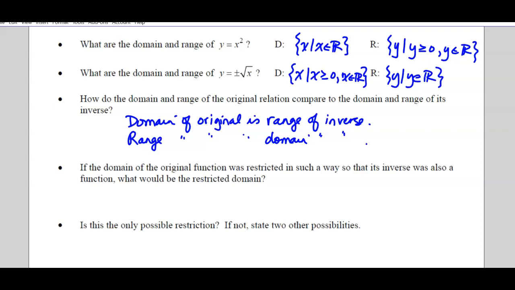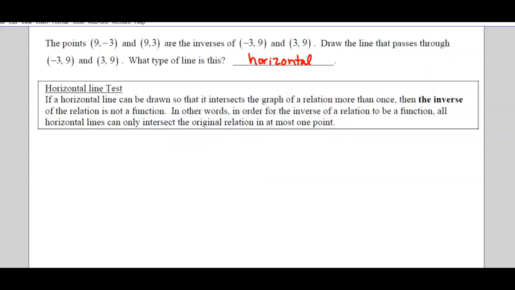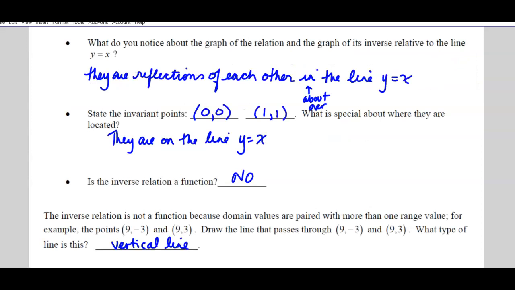Sometimes, though, we talked about this, we can restrict the domain of the original so that when you take the inverse, you do get a function. So if the domain of the original was restricted in such a way so that its inverse was also a function, what would you restrict it to? So take a look at your graph.